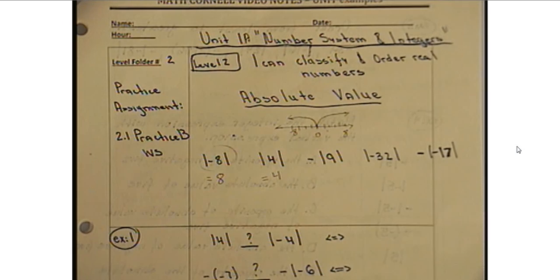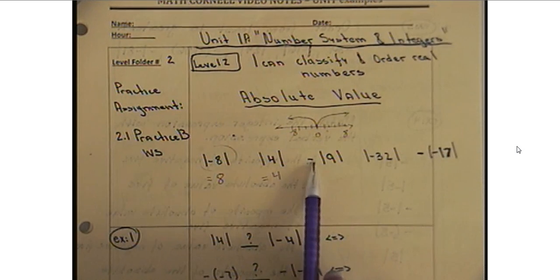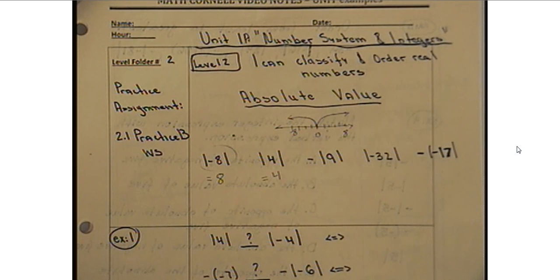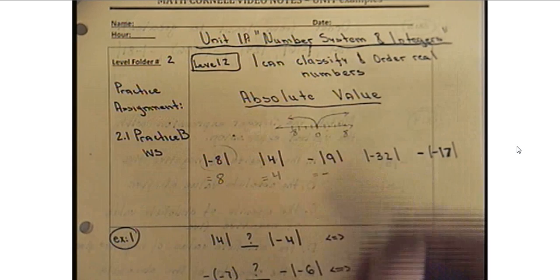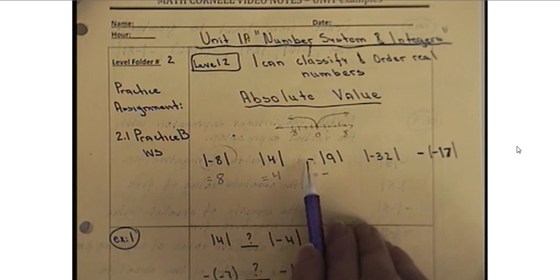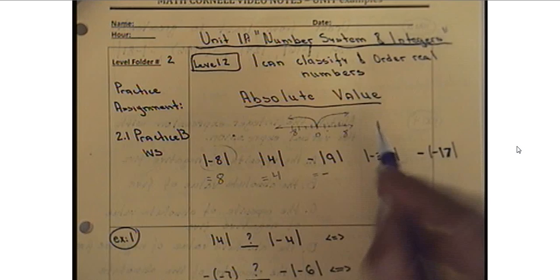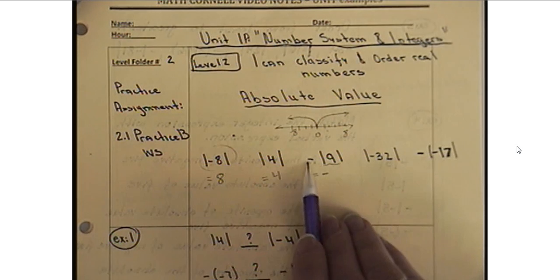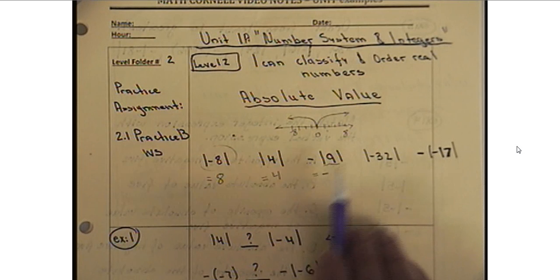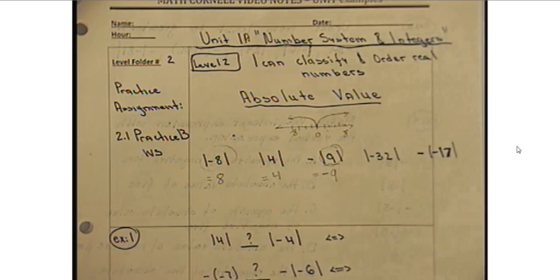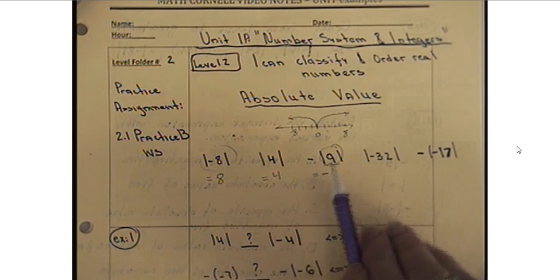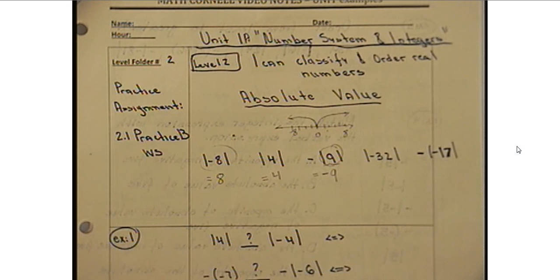What happens when we have a negative sign outside of the absolute value? In this case, we always keep the negative sign. The negative sign is not part of the absolute value number. So you have to copy the negative sign, and then you're saying that this number is 9, because the absolute value of 9 is 9.